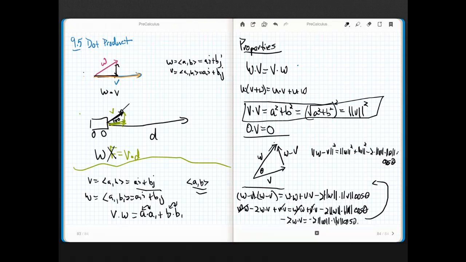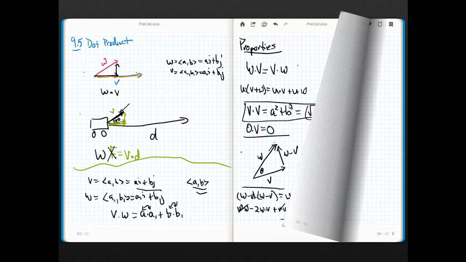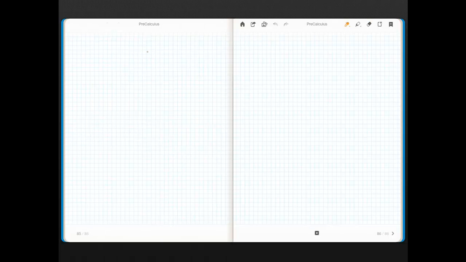If I divide through by negative 2 times the magnitude of W times the magnitude of V, let's change colors so we see this thing brightly, I end up with the cosine of theta is equal to W dot V divided by the magnitude of W times the magnitude of V. I have an equation. I have a theorem. And that's really helpful. Let's kick over a page, rewrite that thing so we've got it written down.